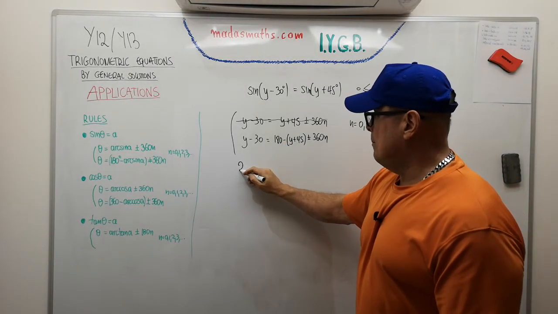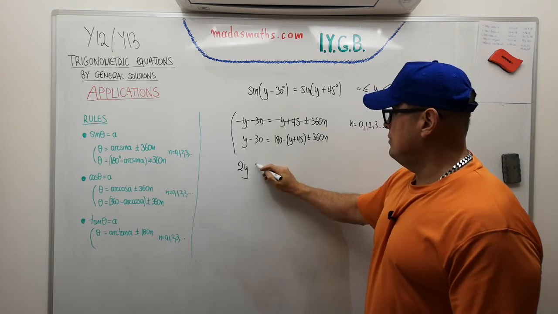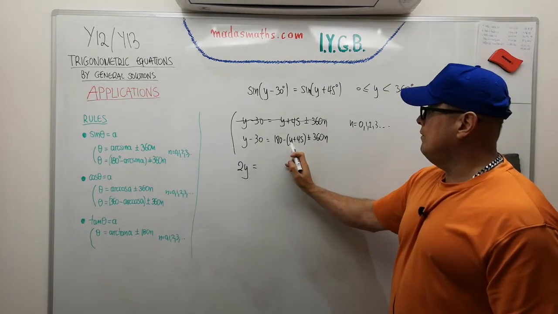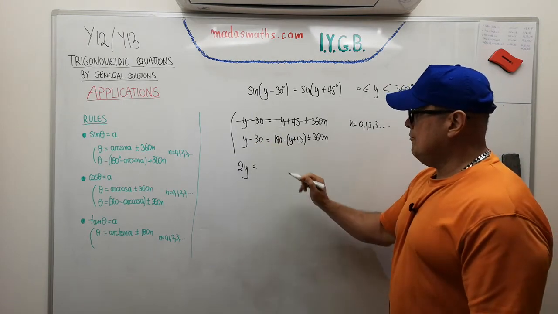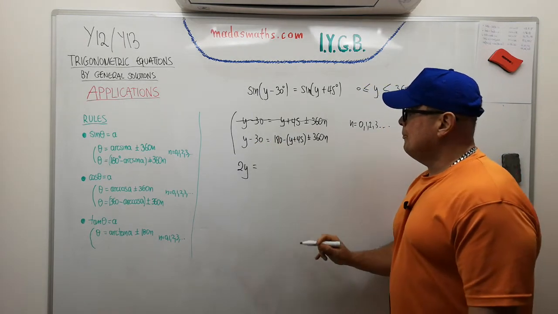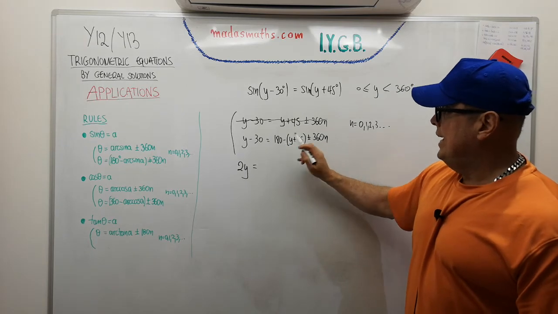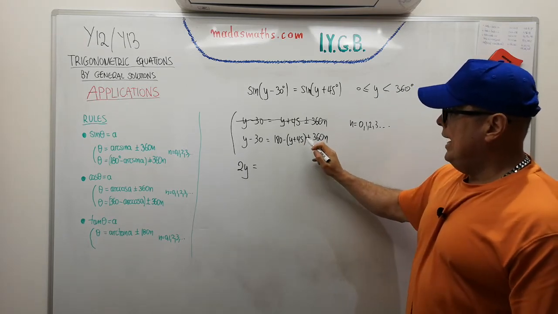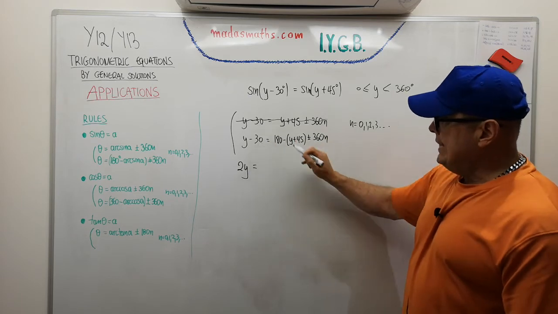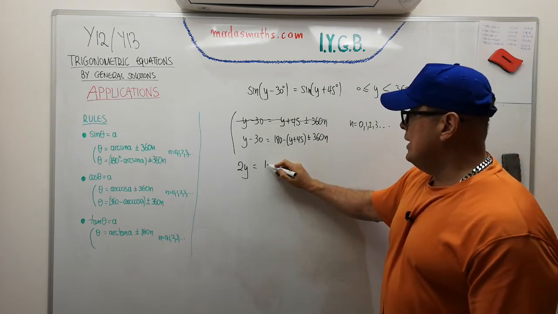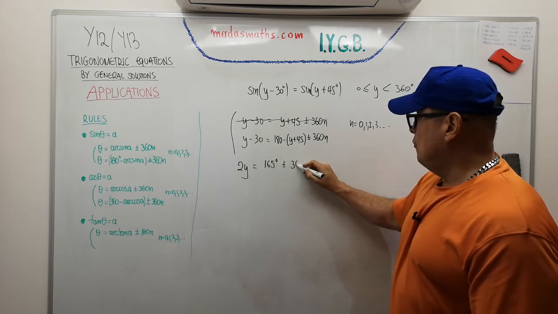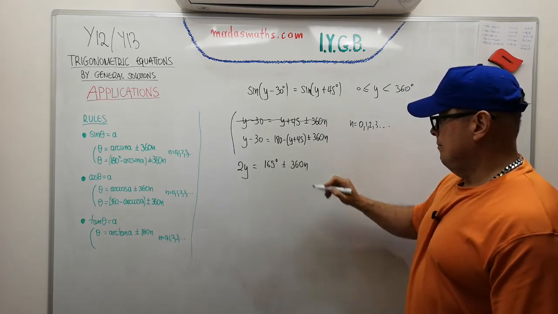So if we tidy this up, we get 2y on the left. Make sure you follow what I'm doing because I'm doing a few steps at once. The minus y goes to the left, and on the right I have 180 take away 45, which is 135, and 135 add 30 gets to 165 degrees with repeats of 360.